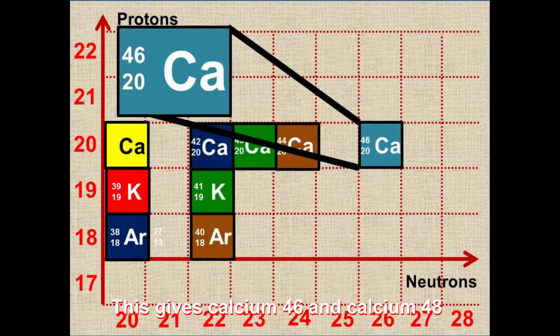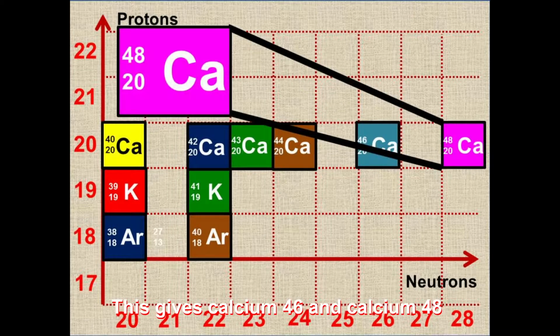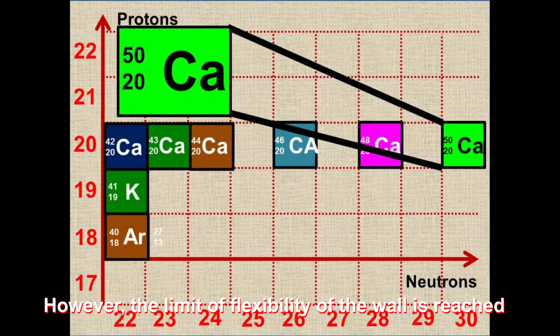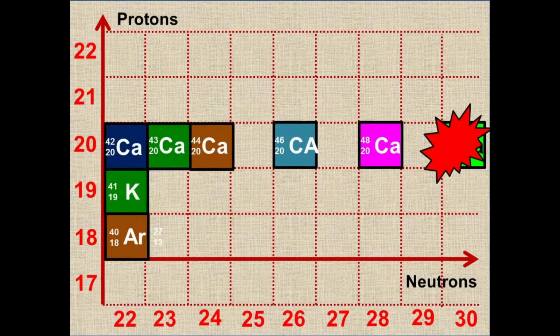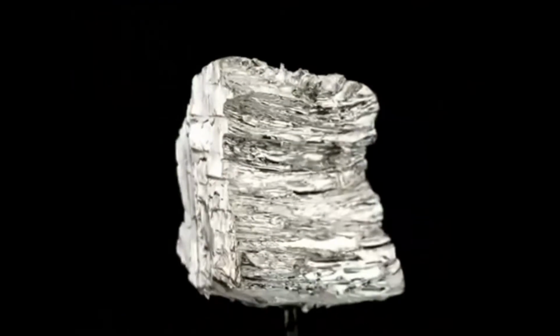This gives Calcium-36 and Calcium-38. However, the limit of flexibility of the wall is reached because the Calcium-50 is unstable.